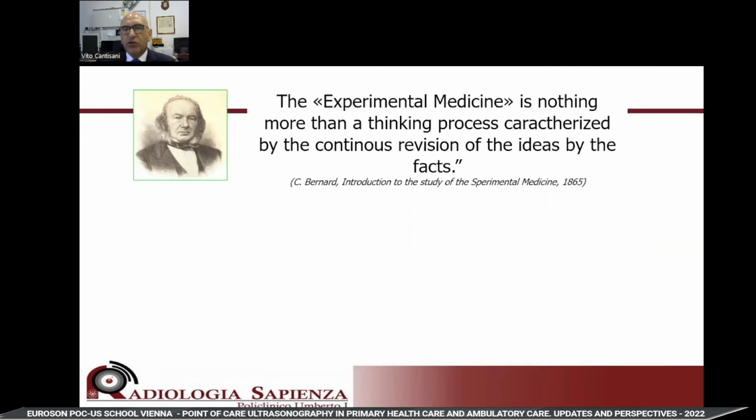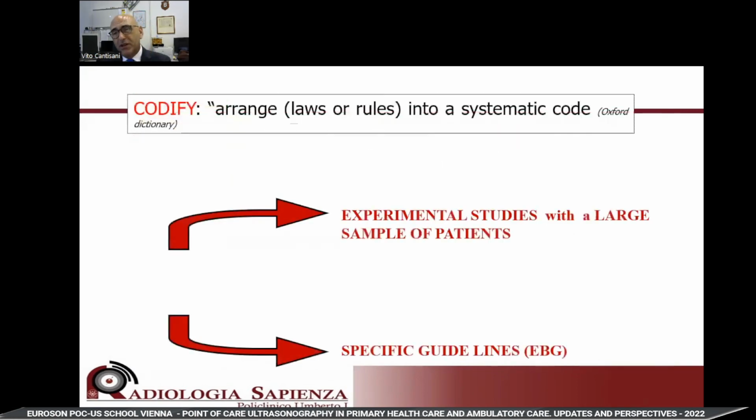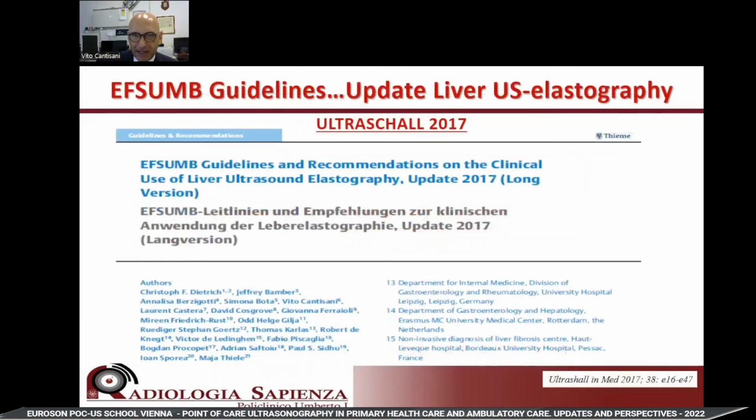We have to remind all of us of Bernard, who in the introduction to the study of experimental medicine reported that experimental medicine is nothing more than a thinking process characterized by the continuous revision of the ideas by the facts. How to prove that? We need large, multi-center, randomized studies and specific evidence-based guidelines.